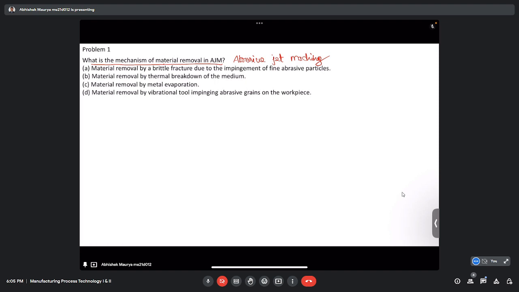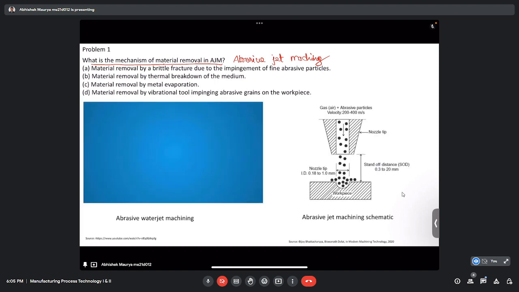First of all, let's see how abrasive jet machining works. Suppose we have a piece here, and we want to remove some portion of material over here.